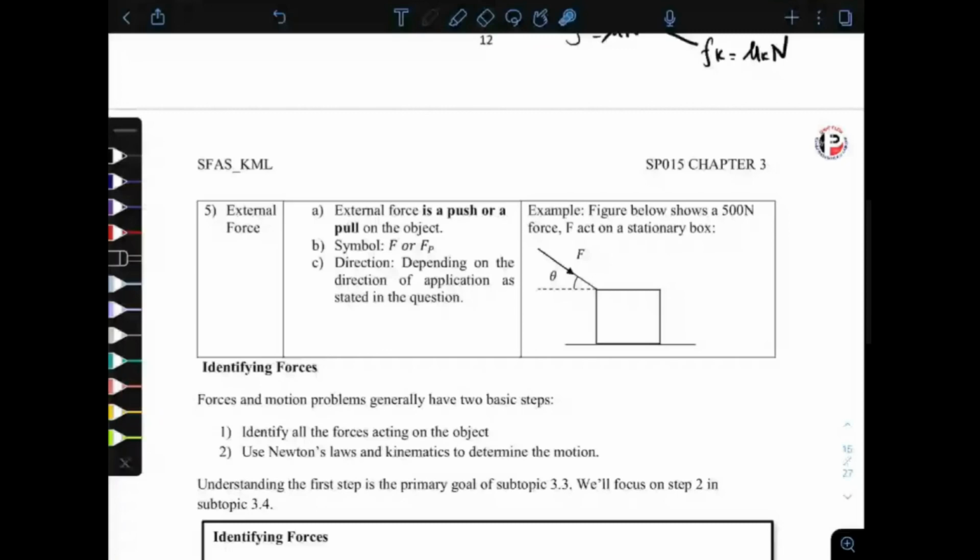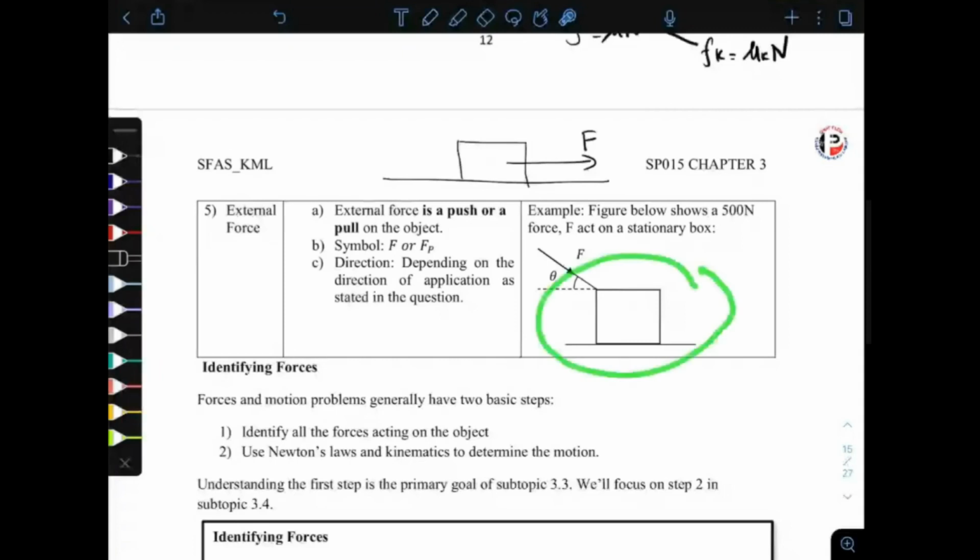Let's say you have an object located here. Kalau awak tarik dia in this direction, inilah kamu punya external force. Dia akan bagi tahu dalam soalan. For example, you are applying a force macam untuk diagram yang memang dalam nota kamu. Ada box on the surface. You are applying force in this direction at a certain angle. Maka inilah direction of force kamu.